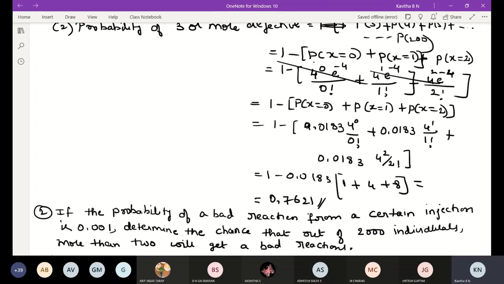Okay, this question appeared in December 2017, then 2018 and also 19, and this question appeared in your assignment also. Carefully observe, only one condition is given here.